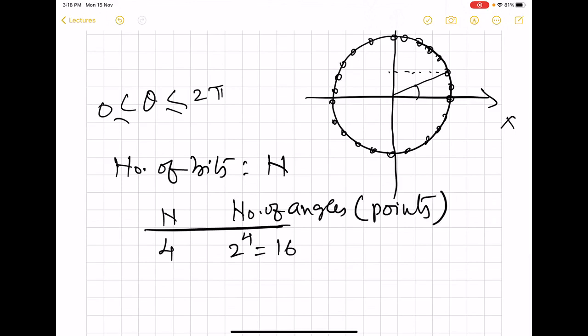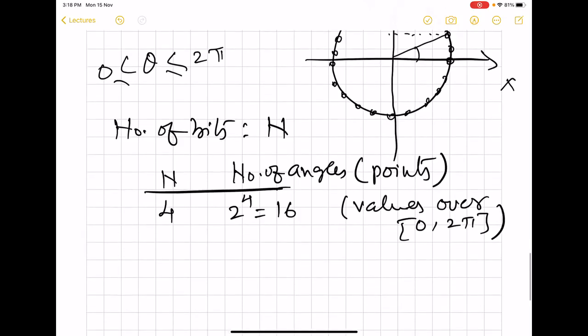So this 16 values over 0 to 2 pi range will be stored in the angle accumulator.